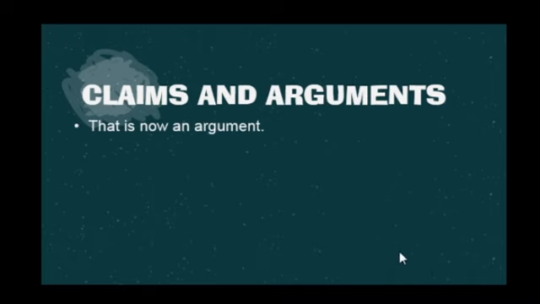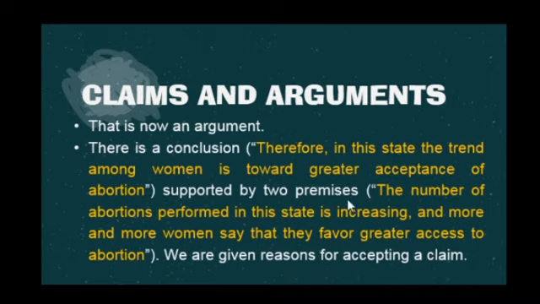Now that is an argument. There is a conclusion, the sentence that says, therefore, in this state, the trend among women is toward greater acceptance of abortion, supported by two premises, which are as follows. The number of abortions performed in this state is increasing, and more women say that they favor greater access to abortion. We are given reasons for accepting a claim.